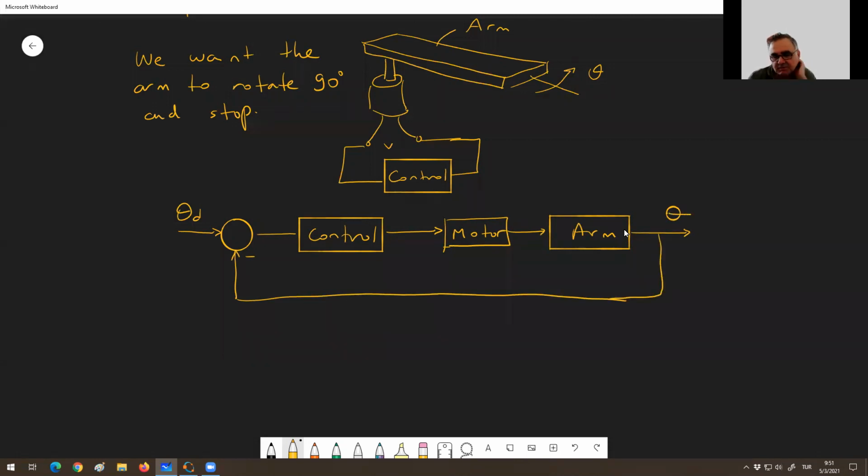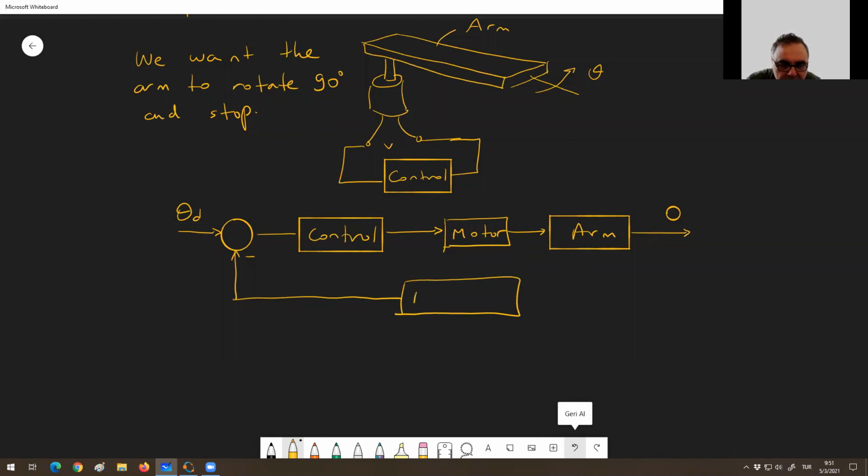So this is theta, supposedly. We measure it. Let's put the measurement in also. This is theta. Measurement basically measures theta.